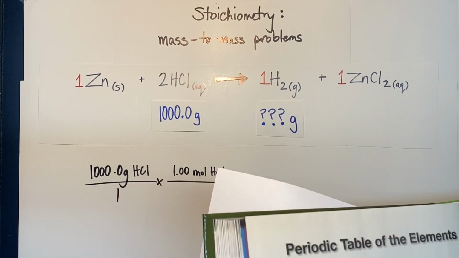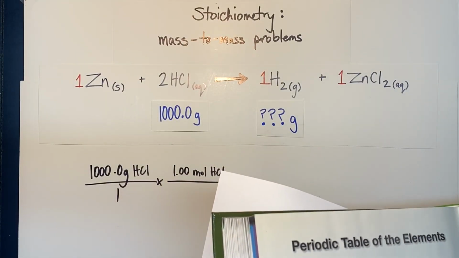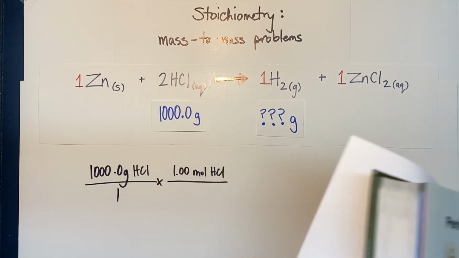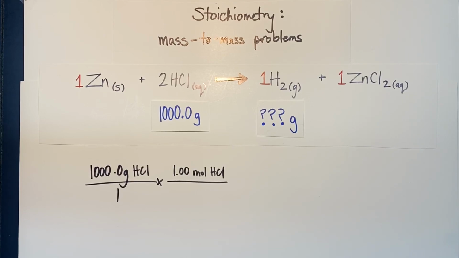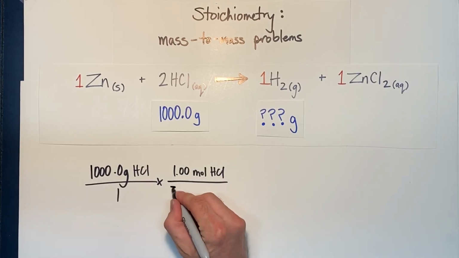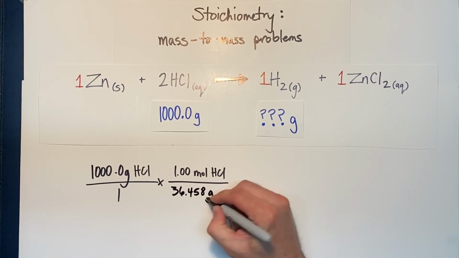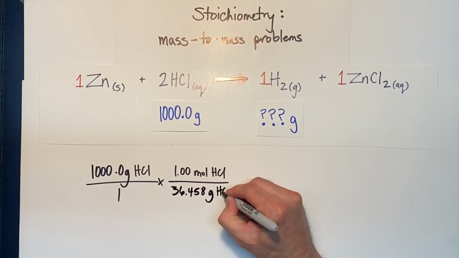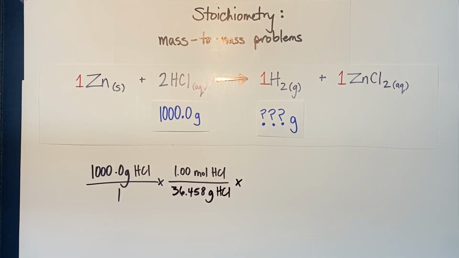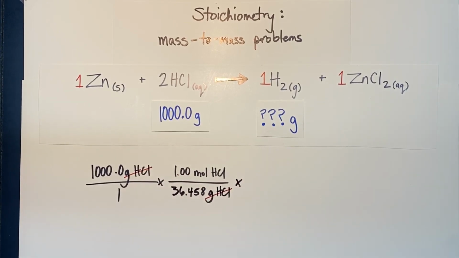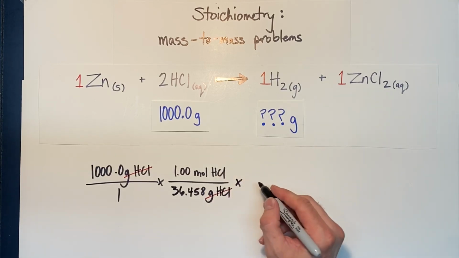So 35.45 grams plus 1.008 grams, and that is 36.458 grams. That is hydrochloric acid. Now canceling the units, grams hydrochloric acid, grams hydrochloric acid. Now we are at moles of hydrochloric acid.